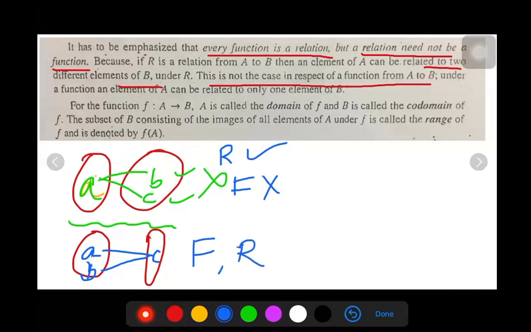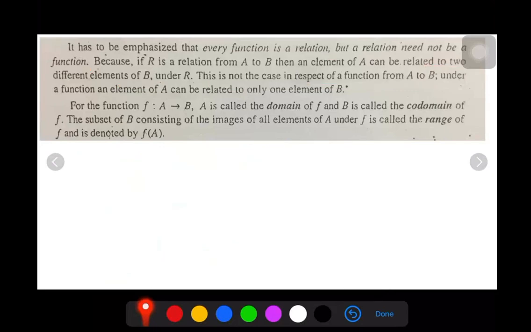So one easy way to remember: look at the symbol. If you find a greater than symbol in the pictorial representation, call it a function. If you find the less than symbol, with one element of the first set going to two elements of the second set, it is not a function. So that is an easy way to remember this. Less than is not allowed in a function. Greater than can be allowed.